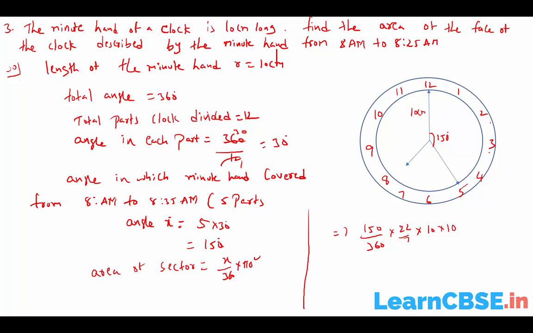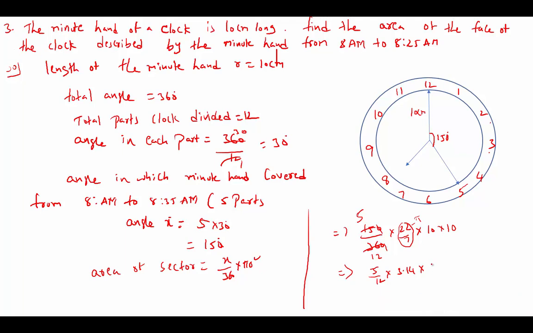I am taking pi as 3.14. So the zeros cancel, 3 fives are 15, 3 twelves are 36. So 5 by 12 into 3.14 into 10 into 10, 100.